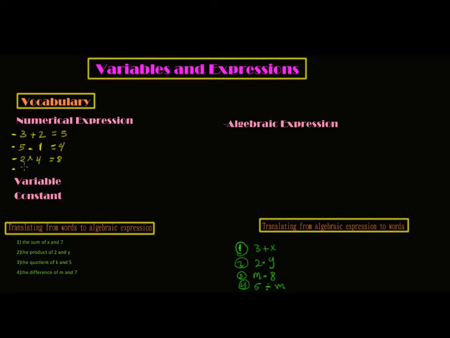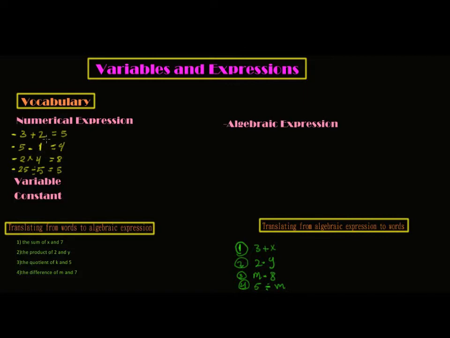Last one here, 25 divided by 5. Here we also have a numerical expression, because all elements in that expression are numbers. So we can find the result: 25 divided by 5 equals 5.